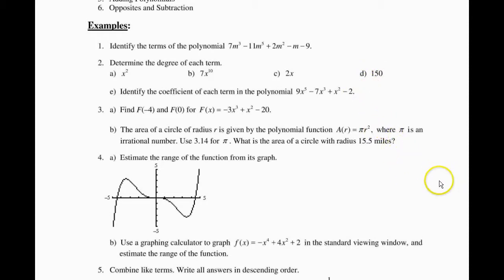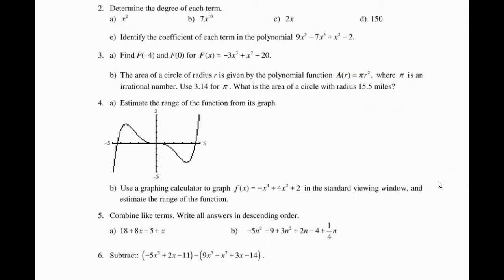Okay, now for example 3. And here what they want us to do basically is to think of this as sort of a t-chart where we're going to put an x value into this function. So this would be f of x. Remember, we thought of this also as a y. And our values here are going to be a -4.